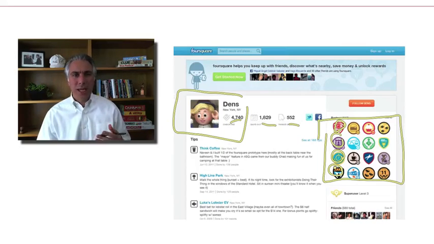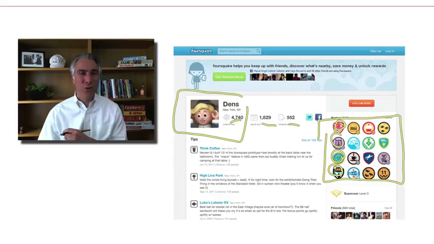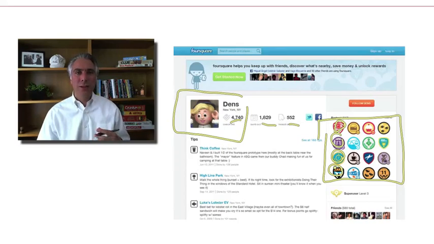It depends where you check in. If you check in at a certain place like a health club, you get a badge. If you check in at a health club a certain number of times, you get another badge. If you check in at, say, a conference like South by Southwest, there are special purpose badges you get that you could only get there. So suddenly, this one act of checking in becomes something that seems very rich and complex and nuanced for the users.